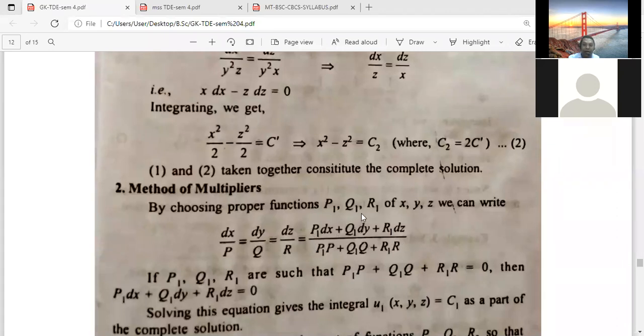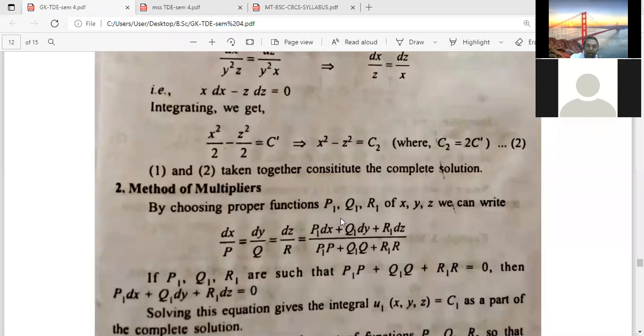The first one is the method of grouping. Method of grouping means either one term may be cancelled or it is absent, then you can easily find the solution. You take two pairs out of those three, get a solution, and write those two solutions for the solution of the given equation.